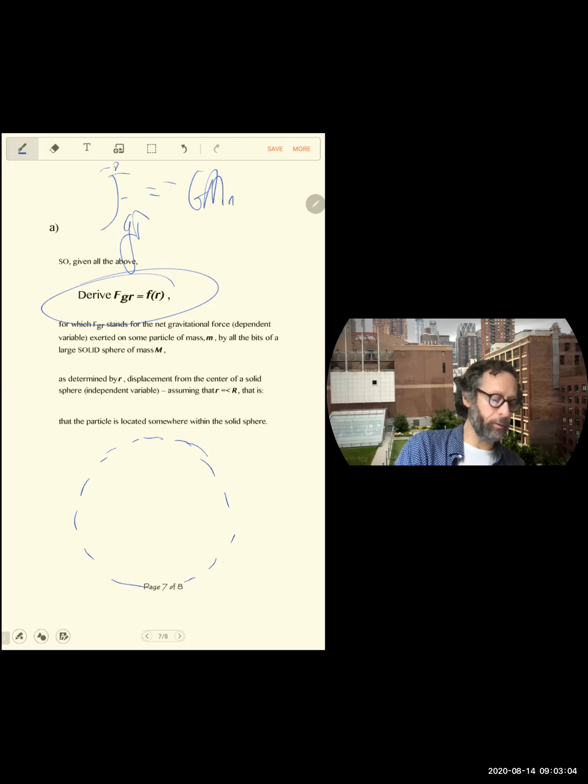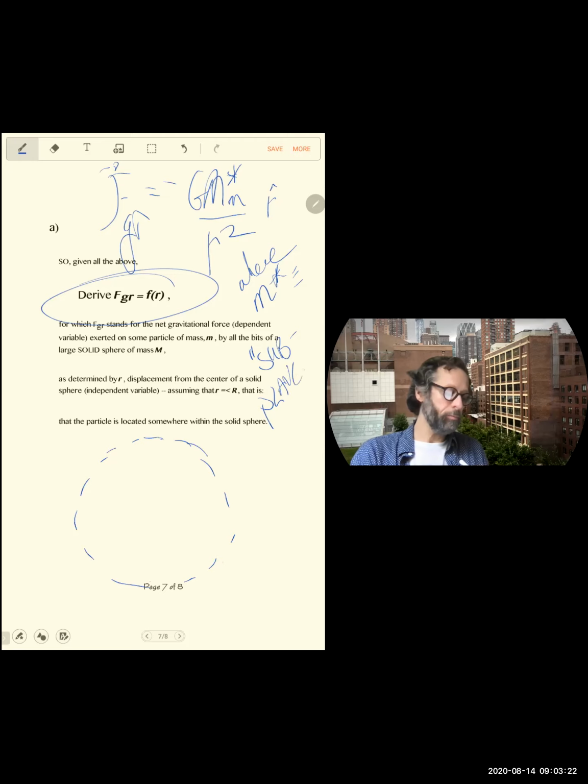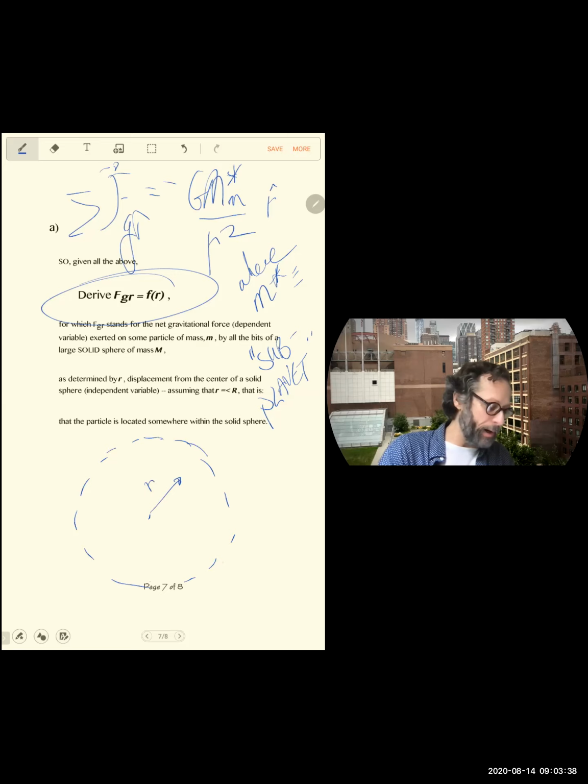The vector part is not really the main point; I'm mentioning it to be technical. The ultimate thing is that we want the full net gravitational force exerted on any particle at any arbitrary spot, anywhere in the plum pudding of this solid sphere.